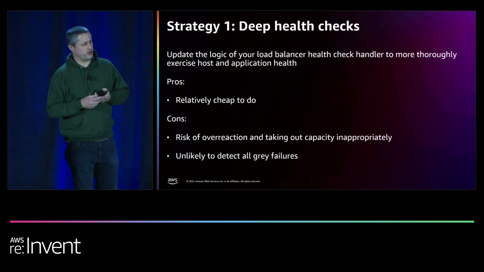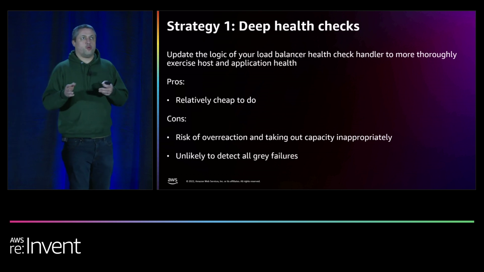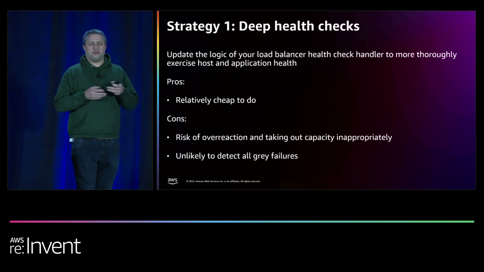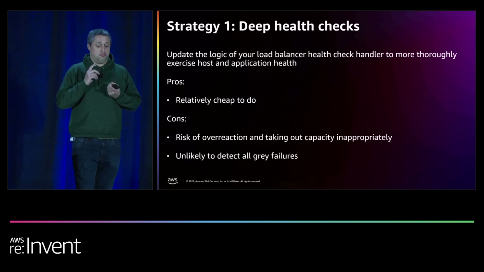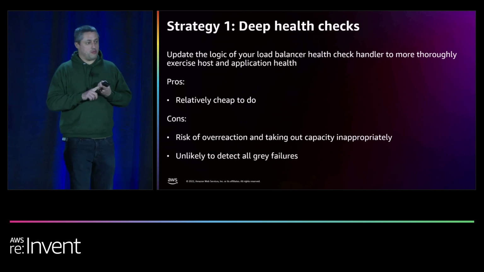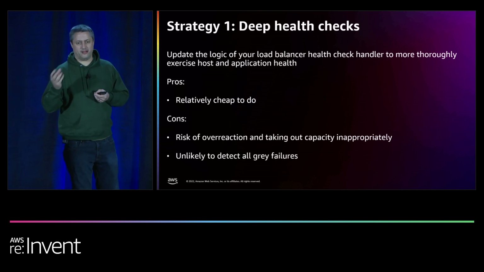If you don't respond or you respond with 500, it'll call that host unhealthy. And the obvious thing to do when you're writing the application is to just do something very, very simple and just respond 200. And that's useful. That's what we would call a shallow health check. It is useful. It means that the network load balancer knows that the application is running, that it's listening on the right port, and this host at a basic level looks healthy.